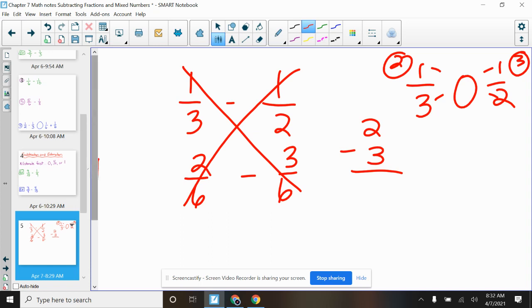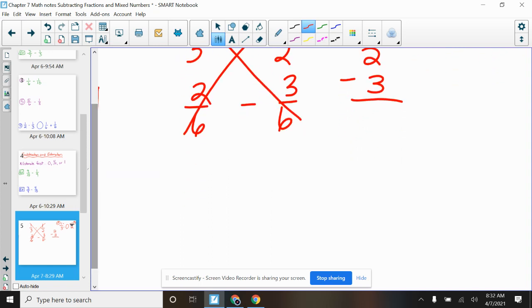In order to solve this, we should have set this up as 1/2 minus 1/3. Then when we did all the work and filled in our new numerators, we would have ended up with 3 minus 2. And that we can do.